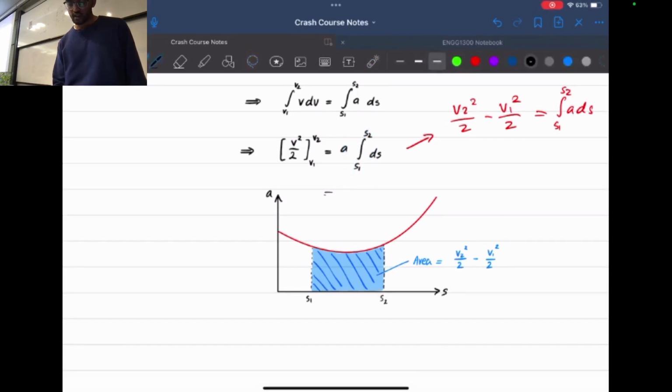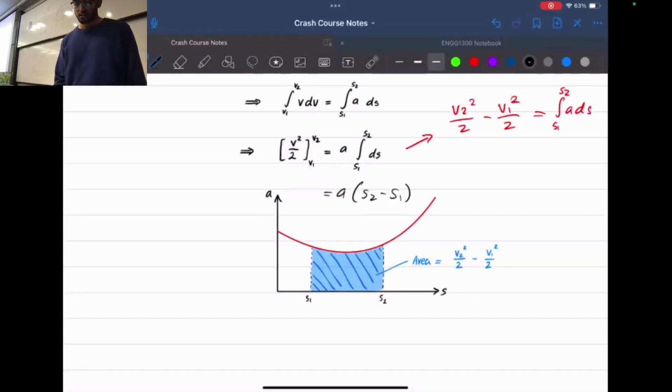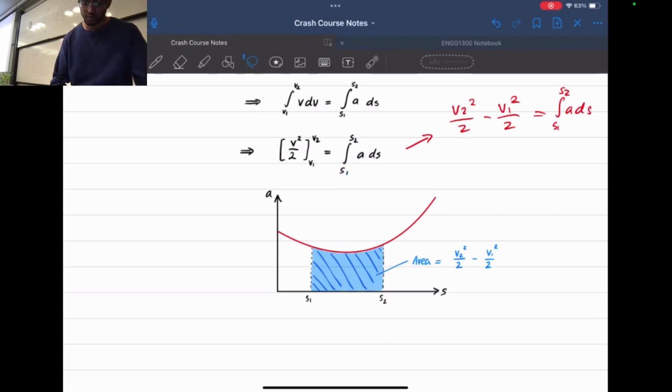You say a times s2 minus s1. Right? Yeah. So v squared final minus v squared initial over 2, and then you can multiply by 2. So v squared minus u squared is 2as, and then you can add it. Oh, okay. Yeah, so I'll just put down what he just said.